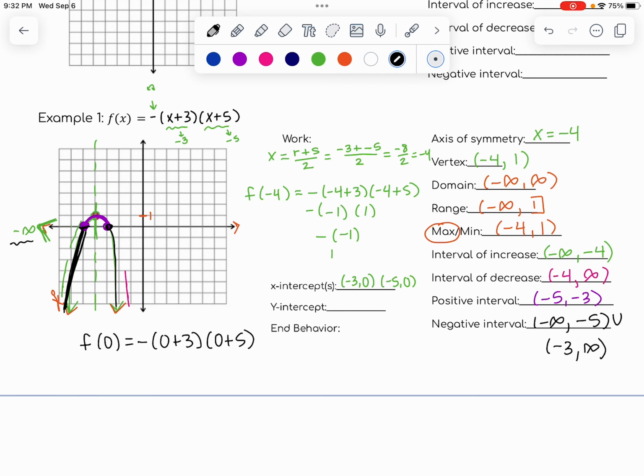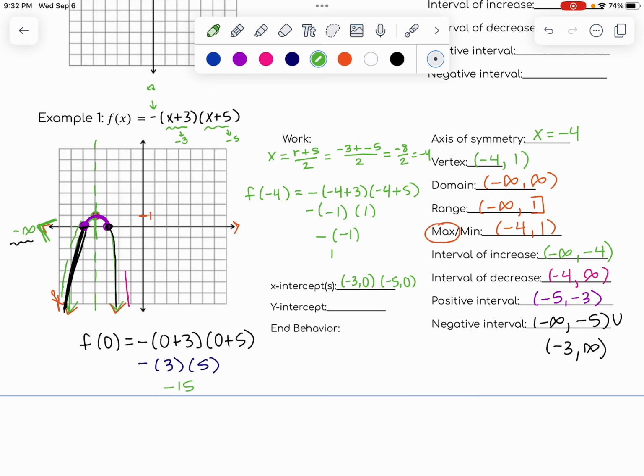I also brought down that negative. Now I'll simplify. So we've got negative, 0 plus 3 is 3, 0 plus 5 is 5. Now I'll multiply. 3 times 5 is 15. Bring down the negative, so we get -15. Our y-intercept is at (0, -15).